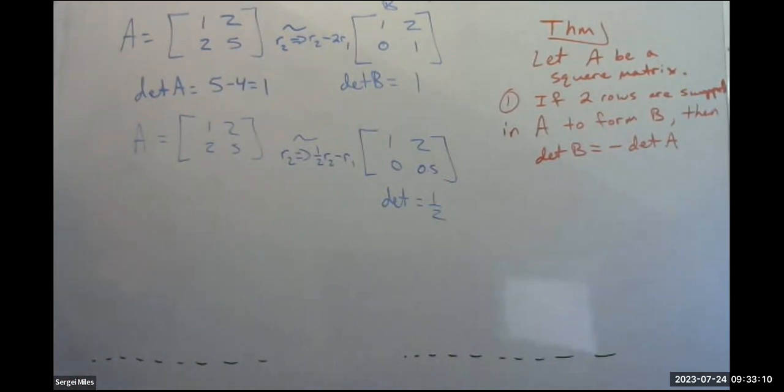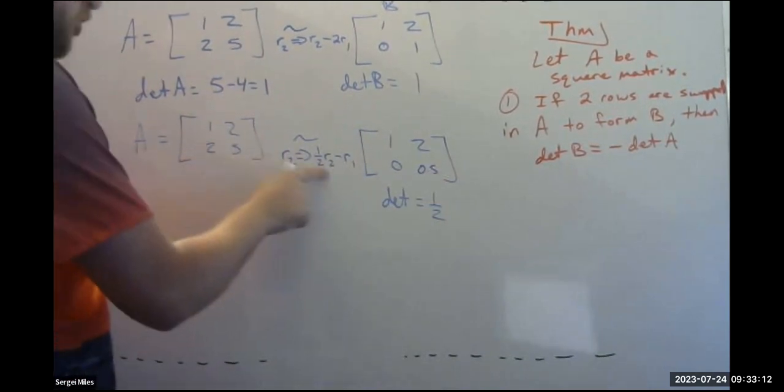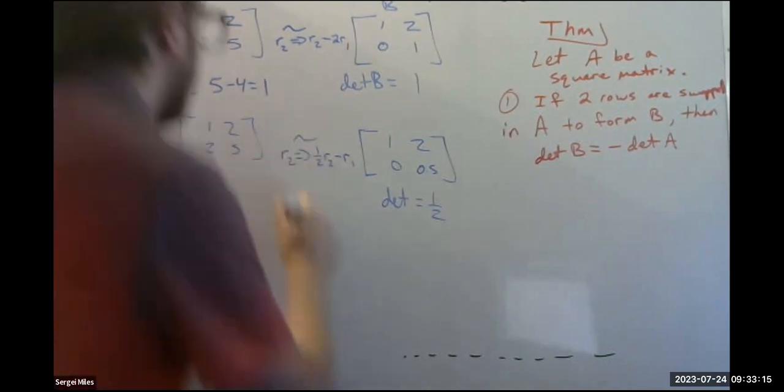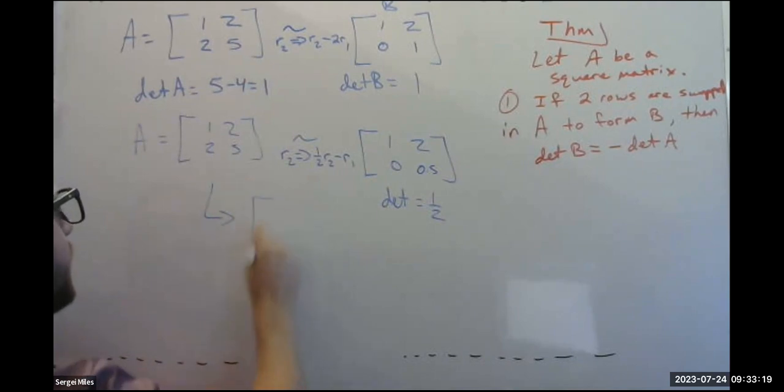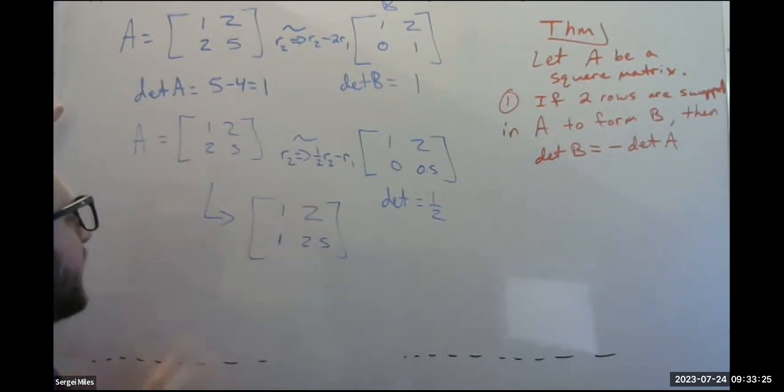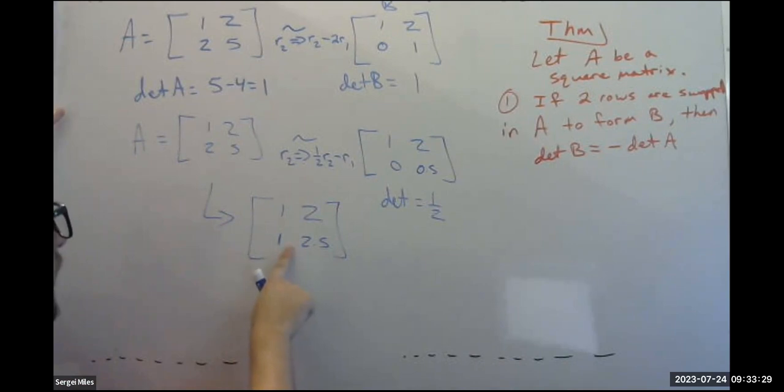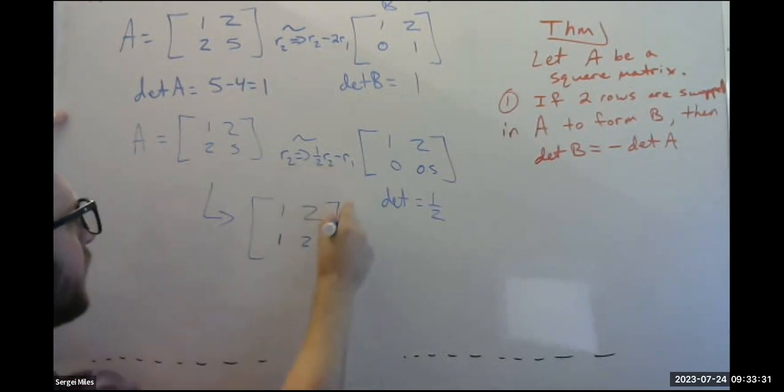What's the difference? Well, when I took this 1/2 of row 2, what you're actually doing in this middle step is you're changing row 2 altogether by scaling it, right? You're applying a scalar of 1/2 to row 2, and then you're adding a multiple to get here, right?